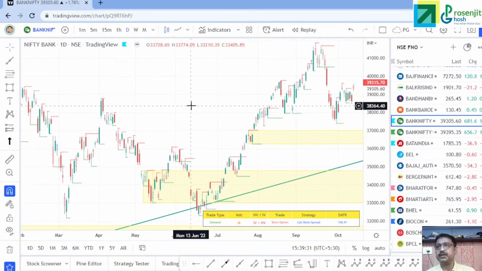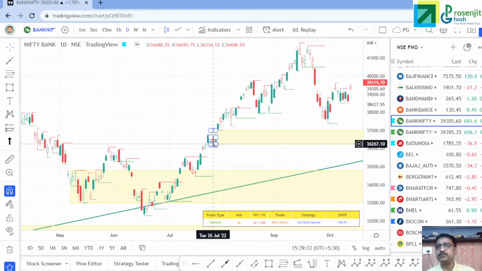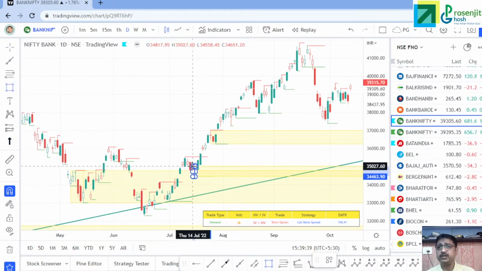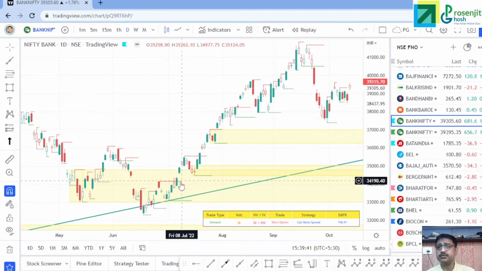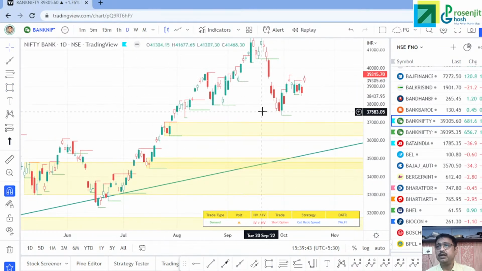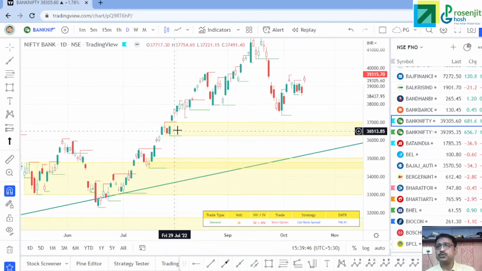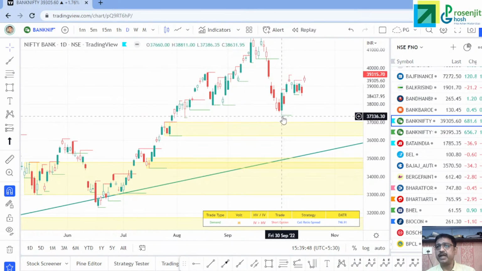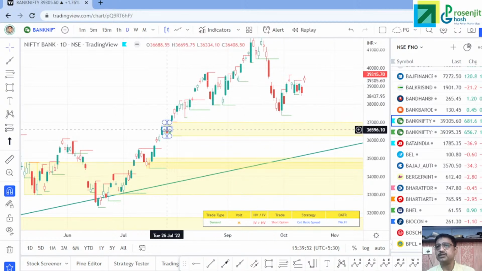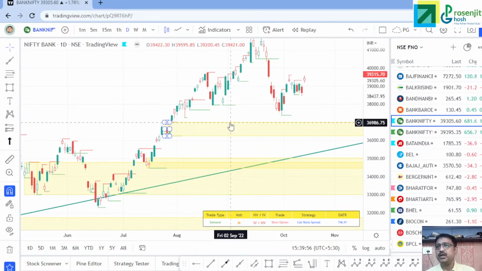Same like Nifty, we have a beautiful trap zone in Bank Nifty also. We have another trap zone here. So there are a lot of trap zones formed, but unlike Nifty, Bank Nifty has not given a fill to this trap zone.